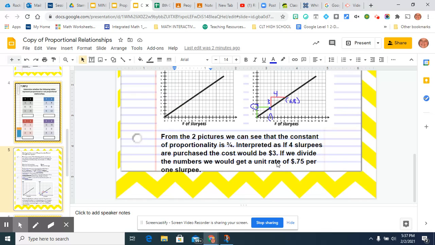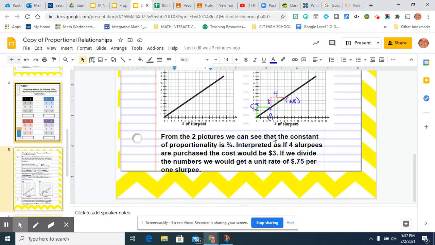Now, I know you guys have also covered unit rate. Unit rate is when the top number can be any number, but the bottom number has to be 1. So how much something is versus 1. So in this case, we'd be finding out what is the cost of 1 Slurpee. If I divided $3 by 4 Slurpees, I would get 75 cents.